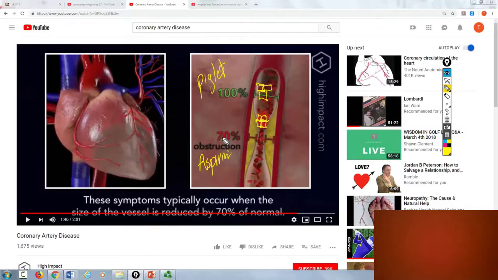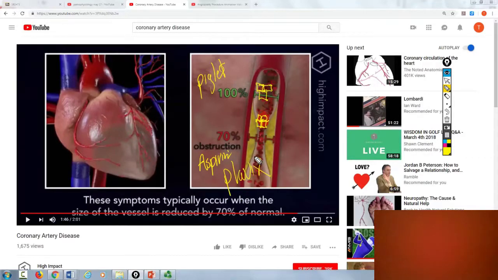So the reason people who are at risk for coronary artery disease or have had a heart attack in the past or known coronary artery disease, they're told to take an aspirin every day because, again, it's the clot that kills you. So if you can prevent that clot from forming inside that coronary artery, you can prevent the heart attack. The other drug out there is Plavix, and that's a little more potent.